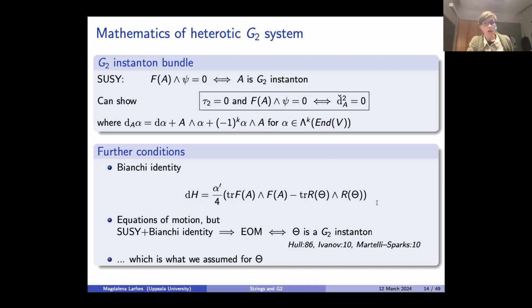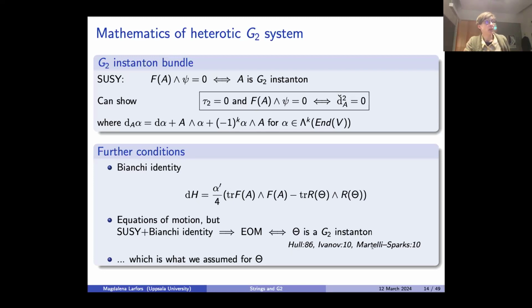And then we are left with some more conditions. We have the Bianchi identity, which is the differential of the anomaly cancellation condition. So this must hold for this to be a good heterotic solution. And then we have the equations of motion, as I just mentioned.